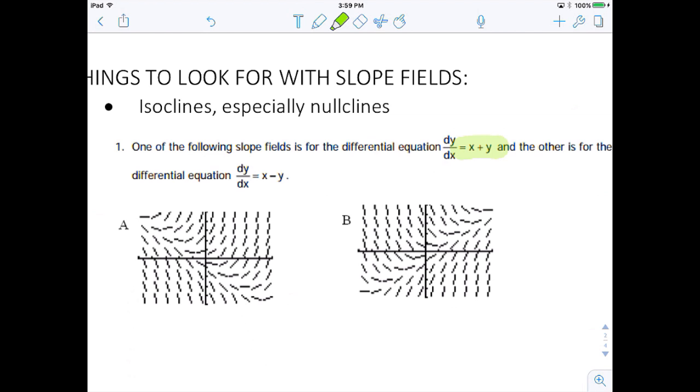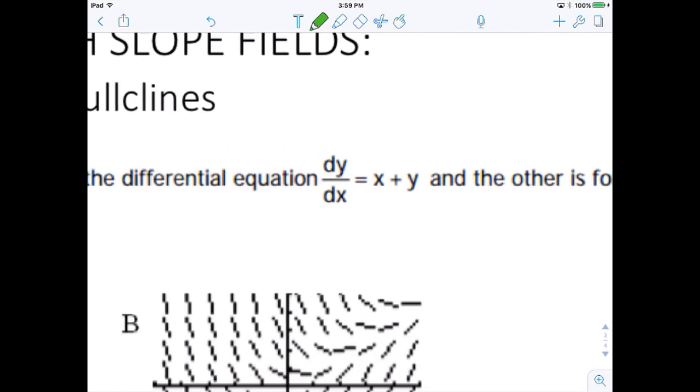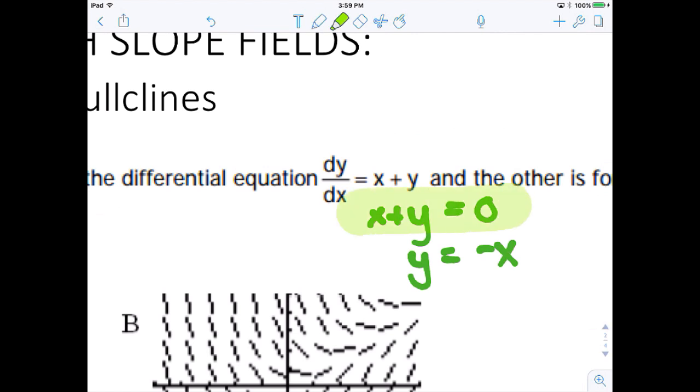One of the following is for dy/dx equals x minus y. What I'm looking at here is, what values would make these equal 0? So x plus y would equal 0 anywhere along y equals negative x, because anywhere on that line would fulfill this condition.